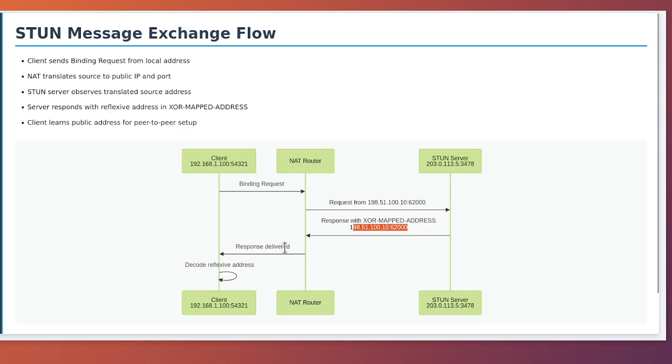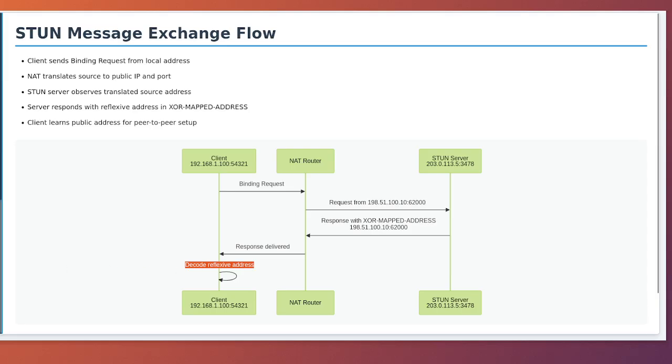198.51.100.10:62000. When the response packet arrives at the NAT device on its way back to the client, the NAT consults its translation table. It sees that external port 62000 maps to internal address 192.168.1.100:54321, so it translates the destination address and forwards the packet to the client.